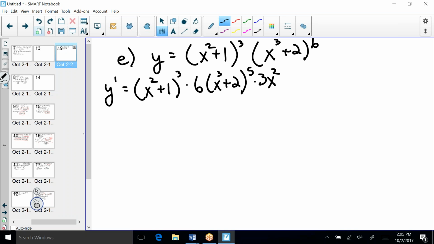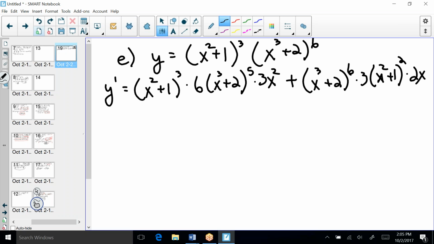So that's the first part of the product rule, the first times the derivative of the second, plus the second thing, so we're going to copy x cubed plus 2 to the sixth power, times the derivative of the first thing. So 3 times x squared plus 1 to the second power times the derivative of the inside, so times that 2x.